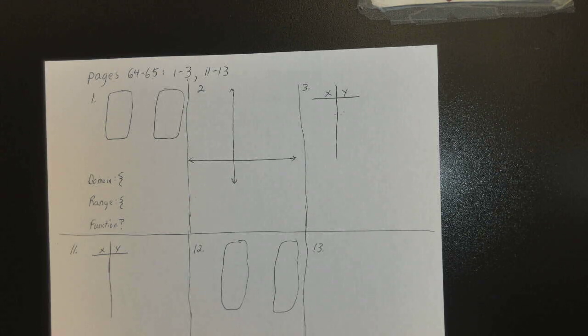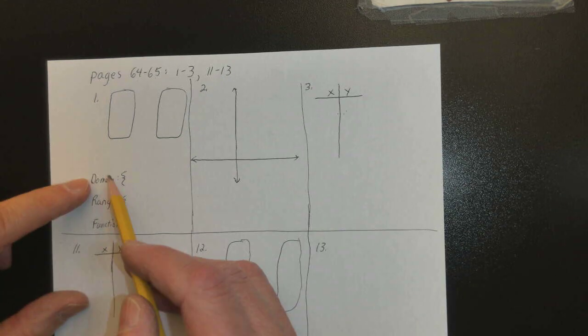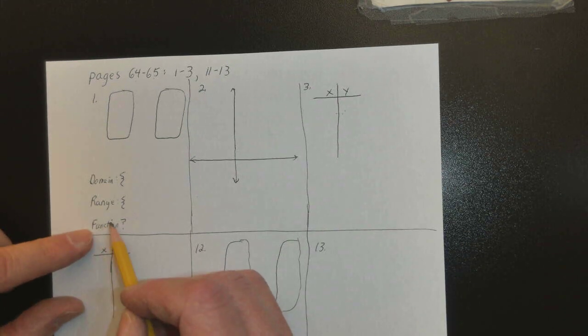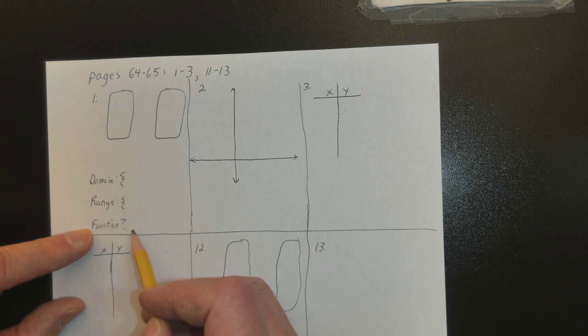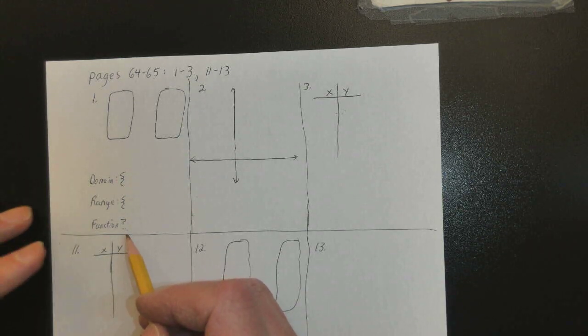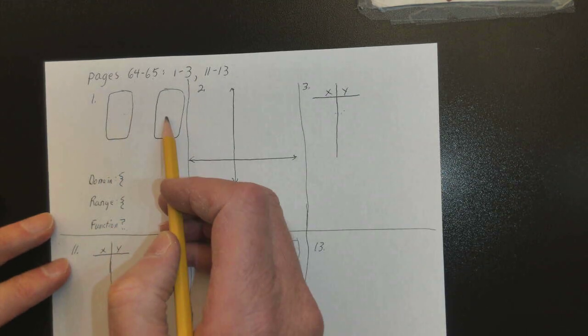Okay, so do that mapping that they have, like for number 1. State the domain, state the range, and state the function question mark. Yes or no? Yes, it is a function, or no, it is not a function. Does everybody understand what we're doing there? All right, so rewrite what they have there in the book.